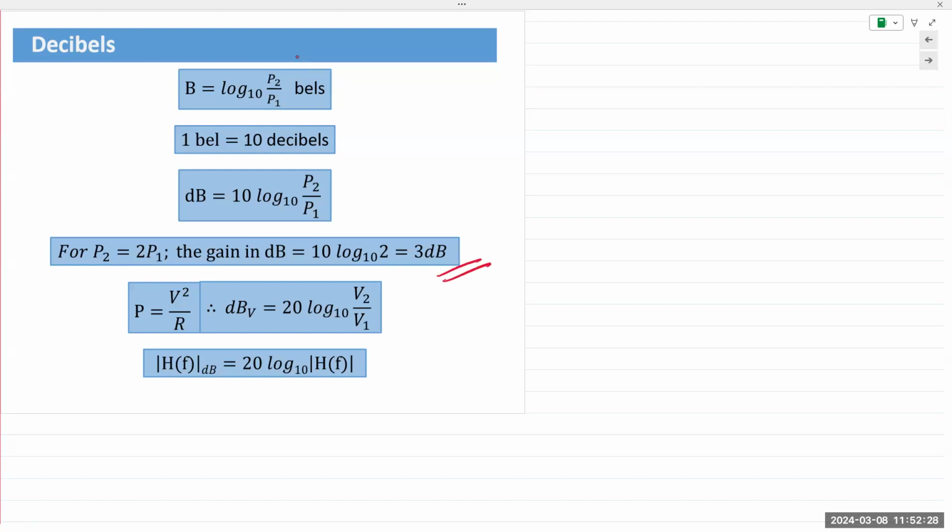A 3 dB level is the minimum that the average human hearing can discern. It's the minimum level where a human can discern a difference in the audio level.